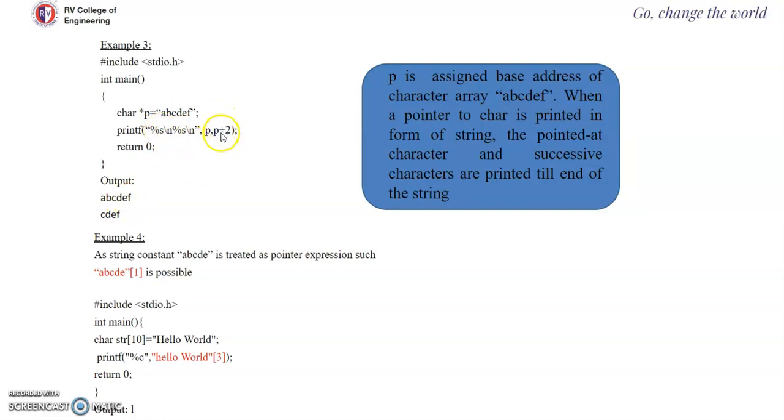So if I pass the address as p plus 2, it refers to the character C onwards. So your %s from p plus 2 refers to C, D, E, F. So we'll run this and check.